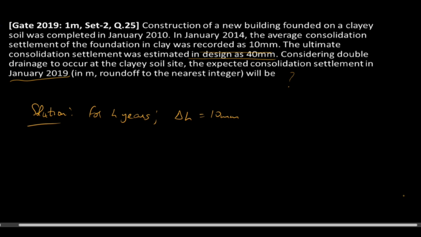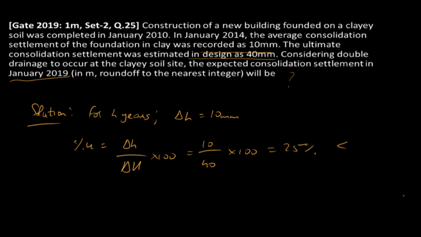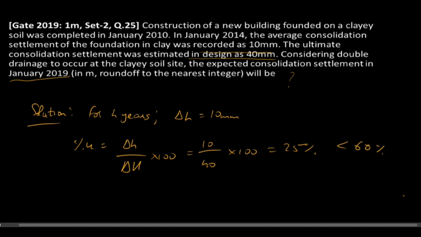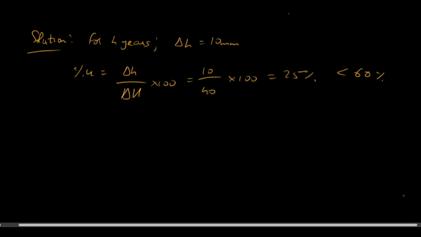So with this, we can find out the degree of consolidation. The degree of consolidation will be equal to delta H by design settlement into 100, which is nothing but 10 by 40 into 100. It is 25%, whereas the degree of consolidation is less than 60%.